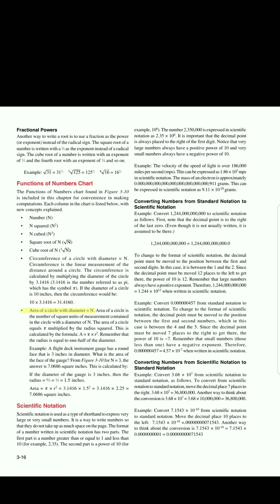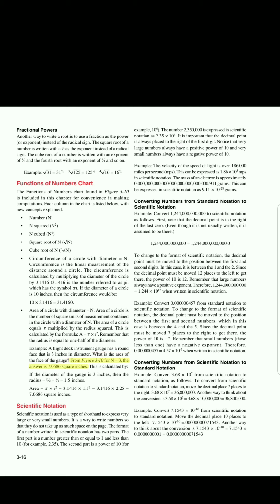Area of a circle with diameter equals n. Area of a circle is the number of square units of measurement contained in the circle with a diameter of n. The area of a circle equals pi multiplied by the radius squared. This is calculated by the formula A equals pi times r squared. Remember that the radius is equal to 1/2 of the diameter. Example: a flight deck instrument gauge has a round face that is 3 inches in diameter. What is the area of the face of the gauge?